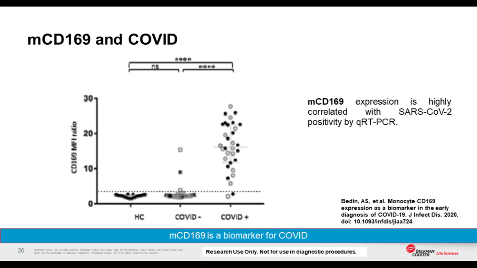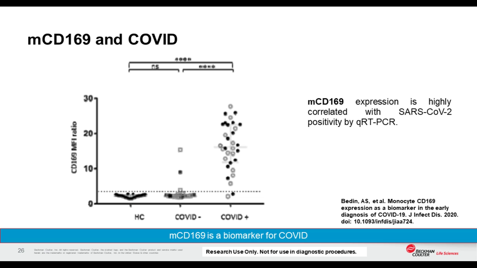So how does the myeloid activation assay work with SARS-CoV-2 infection? Studies performed by our collaborators in the CHU Montpellier, France, on 53 patients in the COVID emergency unit showed that monocytic CD169 by flow cytometry was highly correlated with COVID positivity with qPCR.